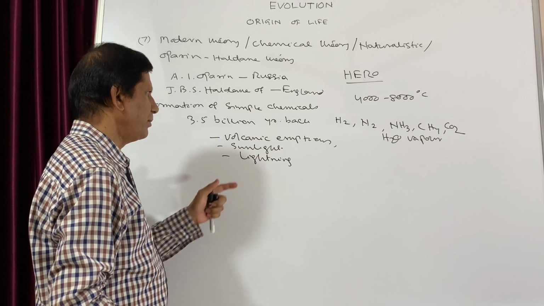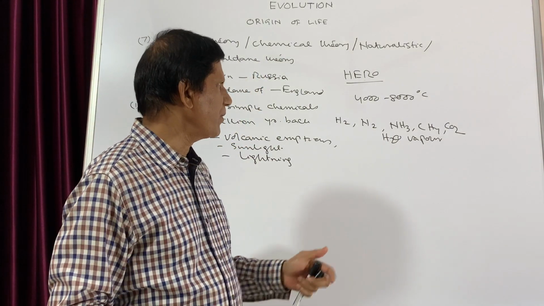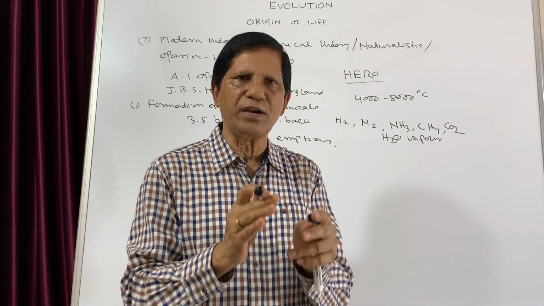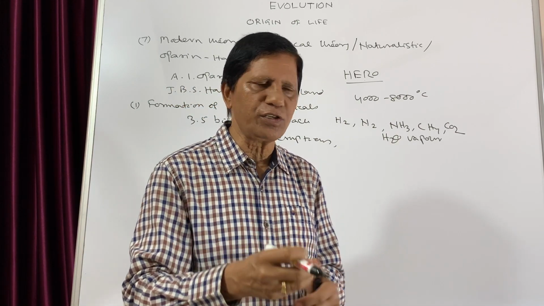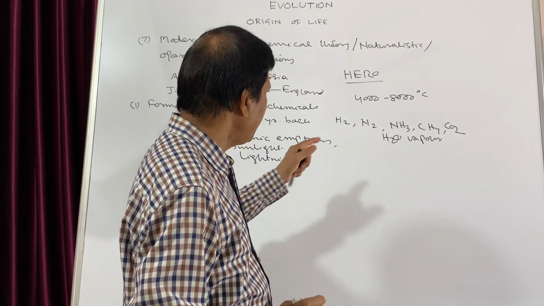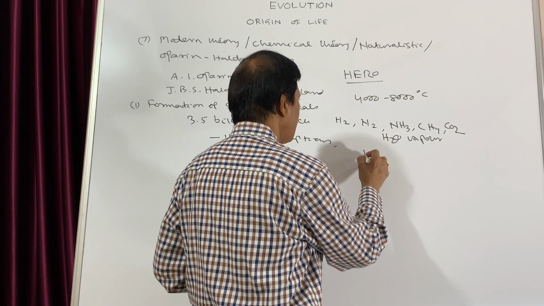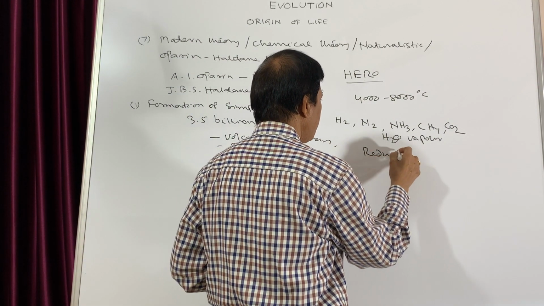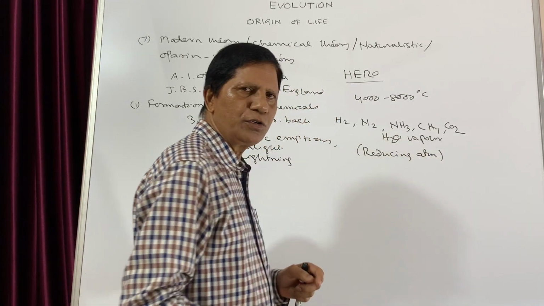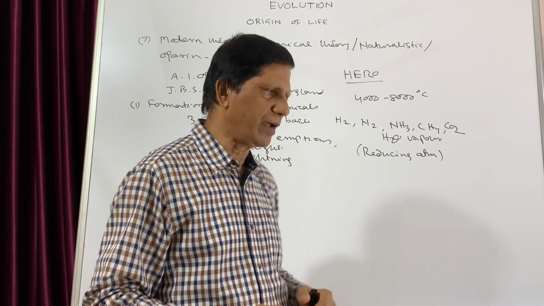So during either the volcanic eruptions or sunlight or lightning, the simple compounds like hydrogen, nitrogen all combined to form these simple inorganic compounds. And in this primitive atmosphere, there is no oxygen, so the atmosphere was completely a reducing atmosphere. So this is the first step of the chemical origin of life.